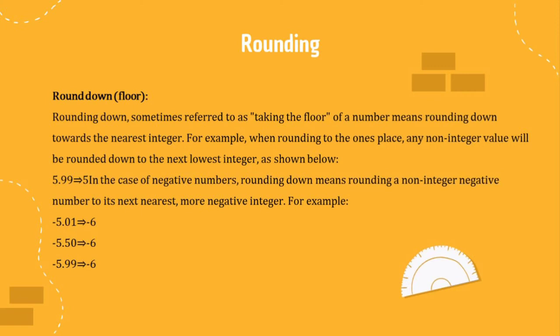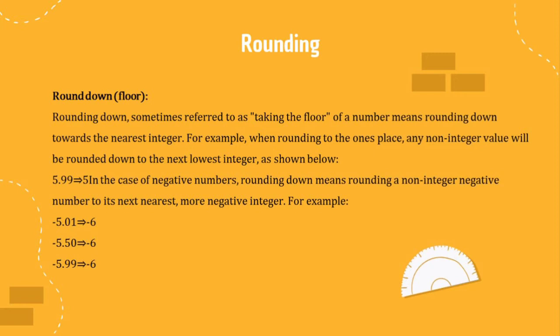Rounding down, sometimes referred to as taking the floor of a number, means rounding down toward the nearest integer. For example, when rounding to the ones place, any non-integer will be rounded down to the next lowest integer as shown below. 5.99 equals 5.